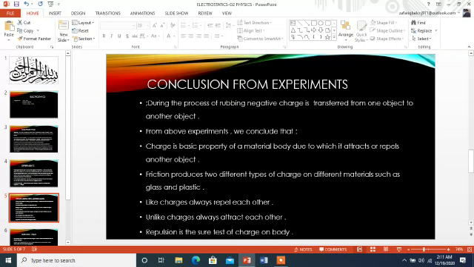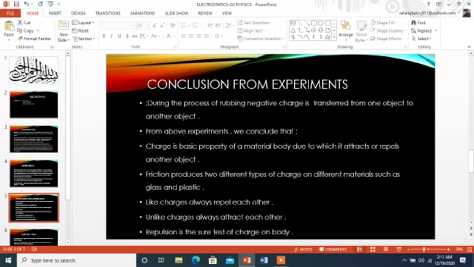For example, we have taken a glass rod and rubbed it with silk. In this case, the glass rod acquires positive charge and silk acquires negative charge. And when a plastic rod is rubbed with fur, the plastic rod acquires negative charge and fur acquires positive charge.